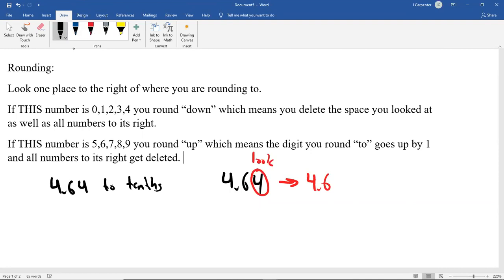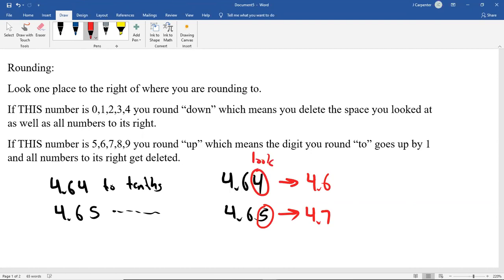Whereas if we had the number, say, 4.65 to the nearest tenth, we're still looking at the 5, or the hundredths place that is. That's where we look. But that tells us we should round up, which tells us that this number becomes 4.7. See, this number as well as all of them to the right of where we were looking go away, but the digit we round to gets incremented by 1.